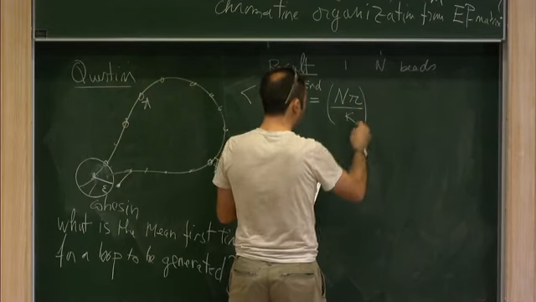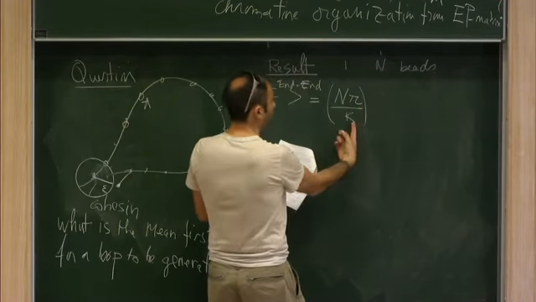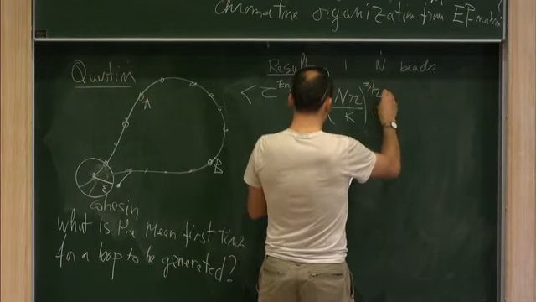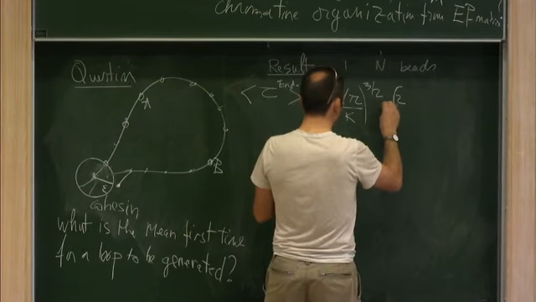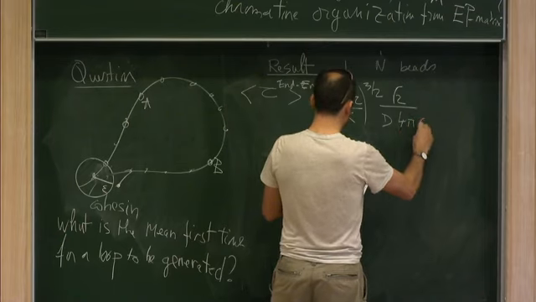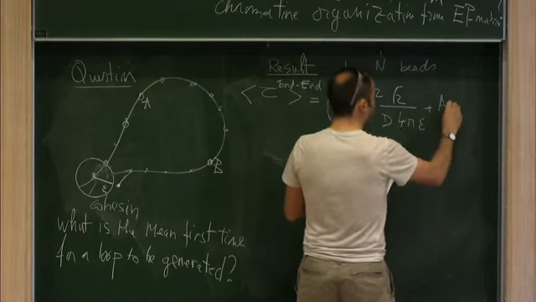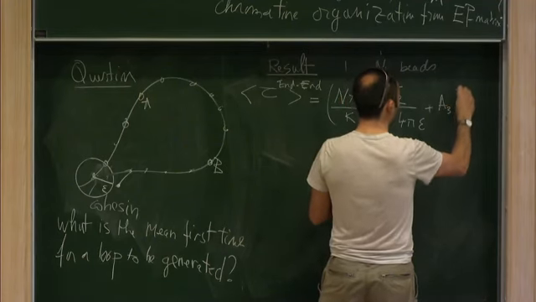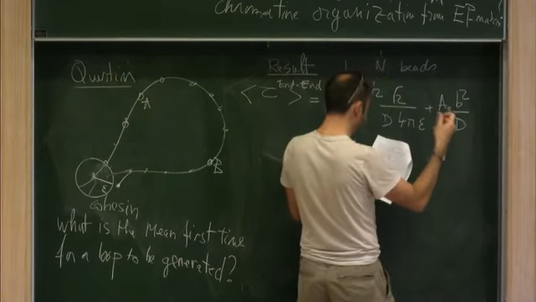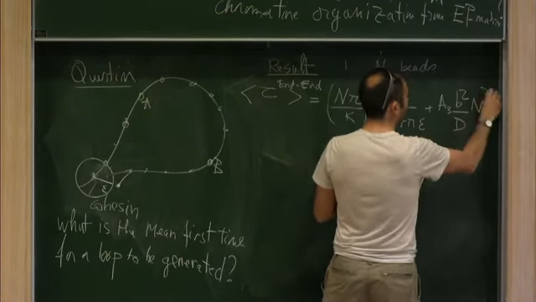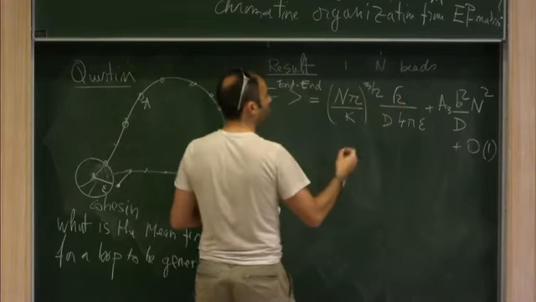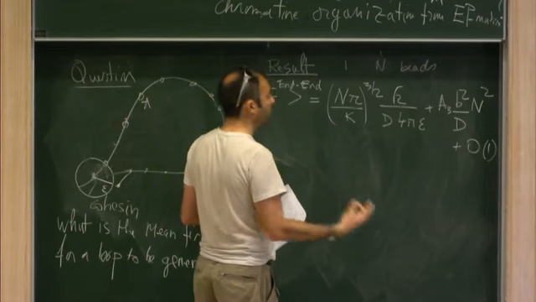I'll explain in a second the notation, and I will introduce the dynamical model. To the power 3/2, square root of 2, D the diffusion coefficient, 4 pi epsilon, plus a constant that can be calculated, A3, b squared, this is the mean square displacement between two neighboring beads, N squared plus O of 1. And the expansion is for N large and small epsilon.